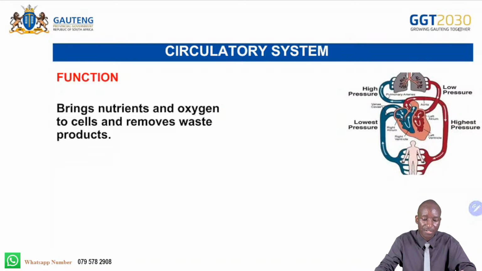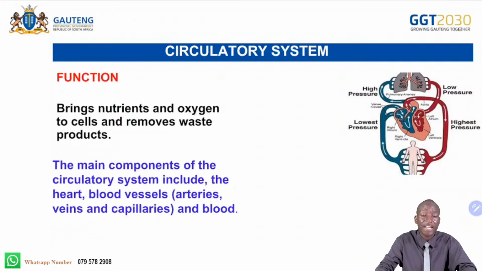Shown on the image there is the diagram of the circulatory system. The main components include the heart, the blood vessels, which are the arteries, the veins, and the capillaries. And of course, the blood is the main component of the circulatory system.